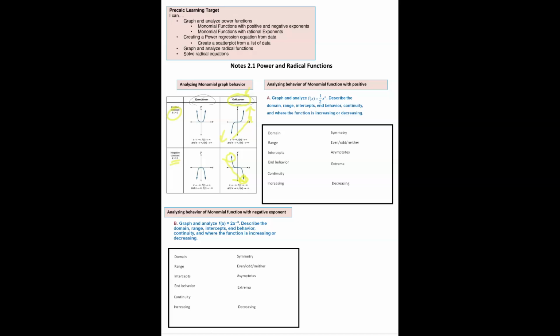Okay, so our first example is 1/2 x to the 6th power. Notice we have an even exponent, so the arms are going in the same direction. We change the thickness of this. Arms are the same, and this is positive, so we're going to be increasing from left to right.